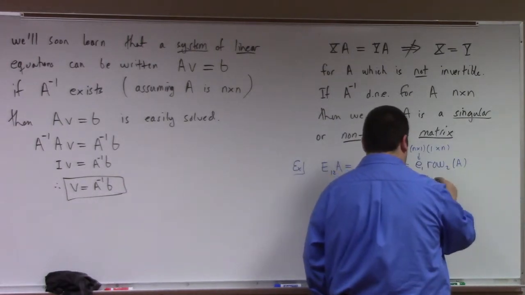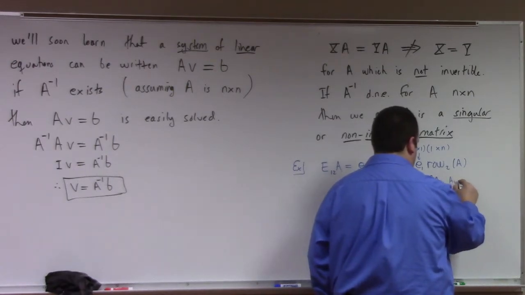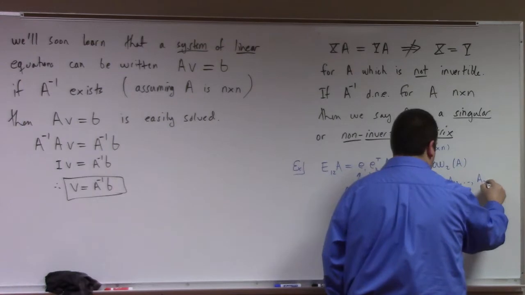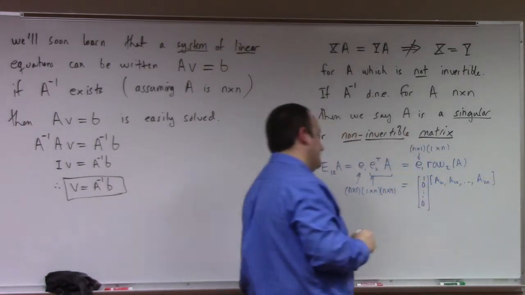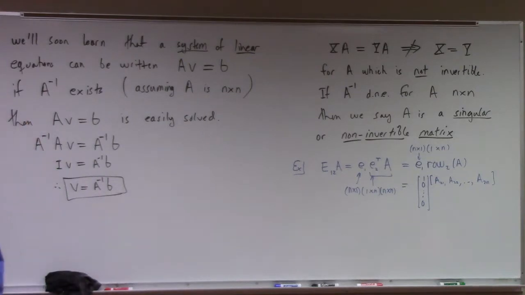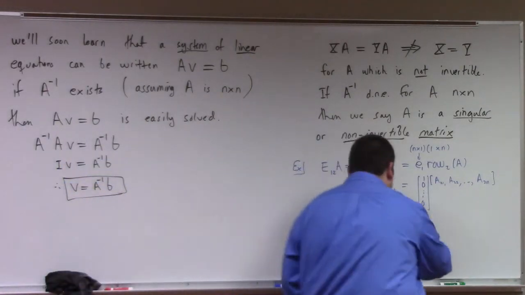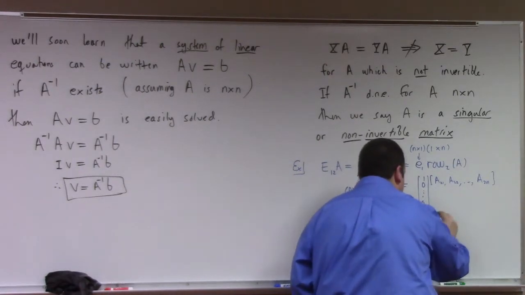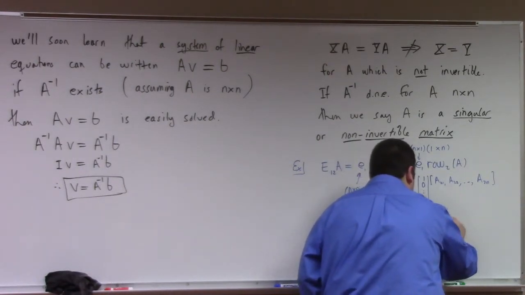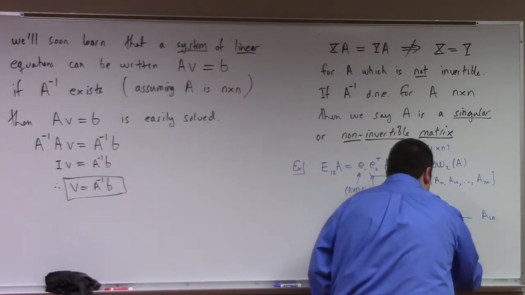So it's that times row 2, which is A21, A22, dot dot dot A2n. That multiplication gives you A21, A22, and so on up to A2n in the first row, and then zeros.